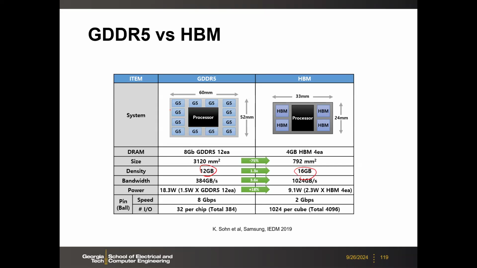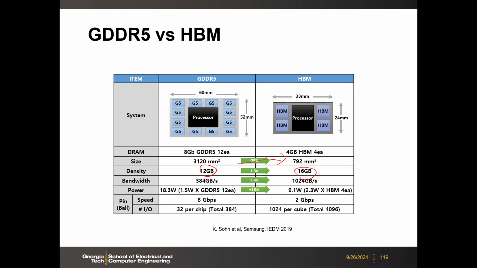But you see the total package size gets much reduced, right? Because here you have so many of those GDDR5, each is 2D, you do not stack, right? So then the total package is more than 3,000 millimeter square. So this gets a much reduction to about 800 millimeter square.